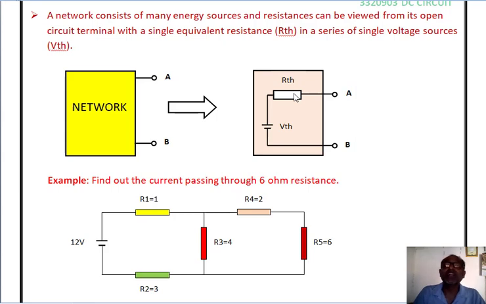If their internal resistance is given, you put that resistance in the circuit, but if it is not given, you take it as 0. So RTH is the equivalent resistance between the open terminals A and B.